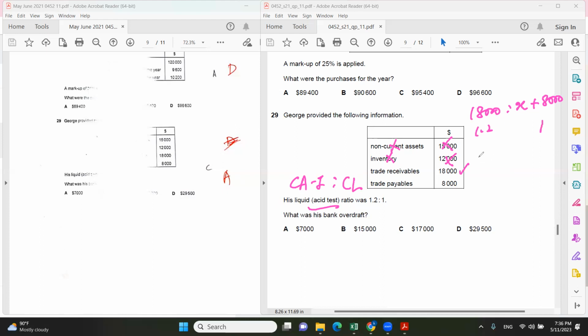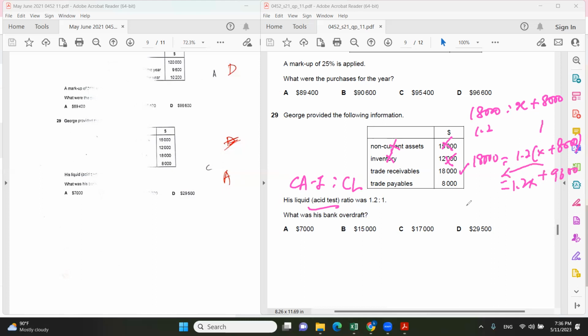So I get this one go up, this one come up. So 18,000 is 1.2x plus 8,000. So I get 1.2x, 8,000 times 1.2, I get 9600.